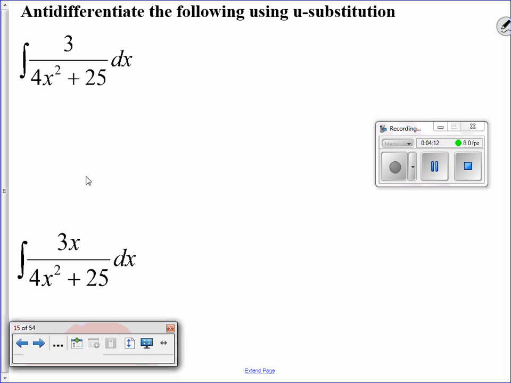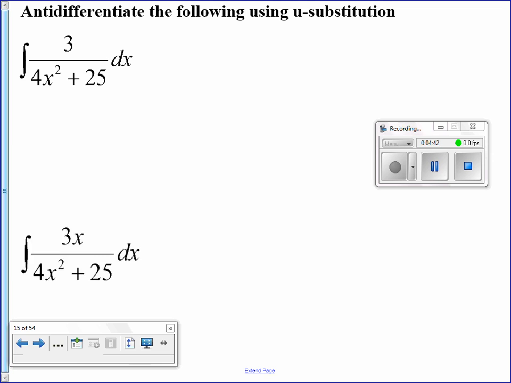That's why this one was not a du over u, because we would have needed an x up here. We didn't have. Okay, so now, if this was just 4x plus 25 in the denominator, it would be a du over u. But to use the du over u, the degree of the numerator has to be 1 less. Okay?